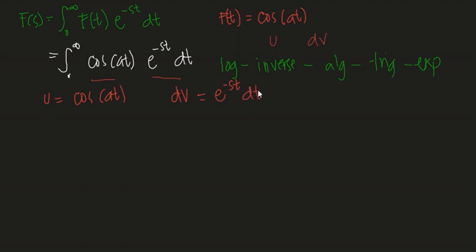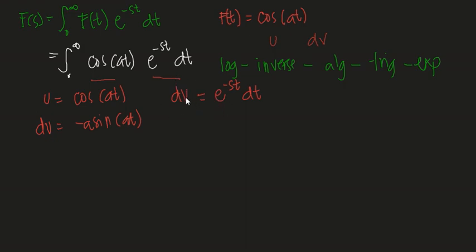So we are going to differentiate to get the value of du. du will be equal to the derivative of cosine, which is negative sine. So copy the original function, then differentiate the inner function. The derivative of at will be equal to a. So this is negative a sine at. Let us also find the value of v.